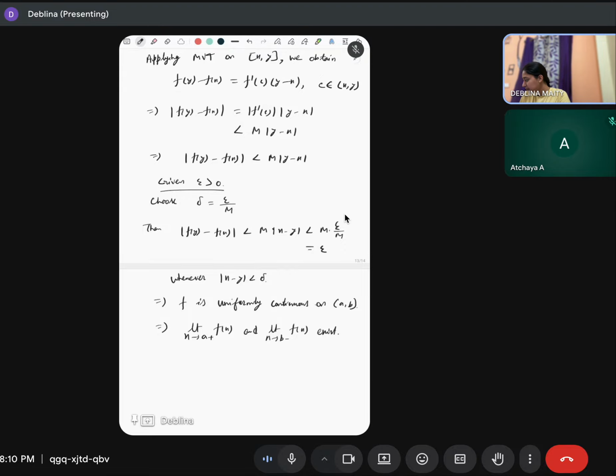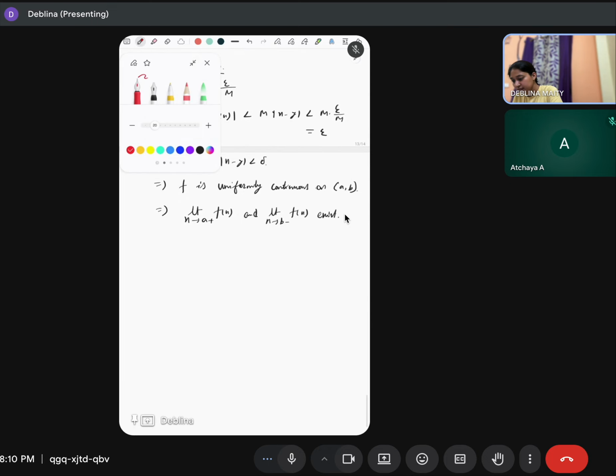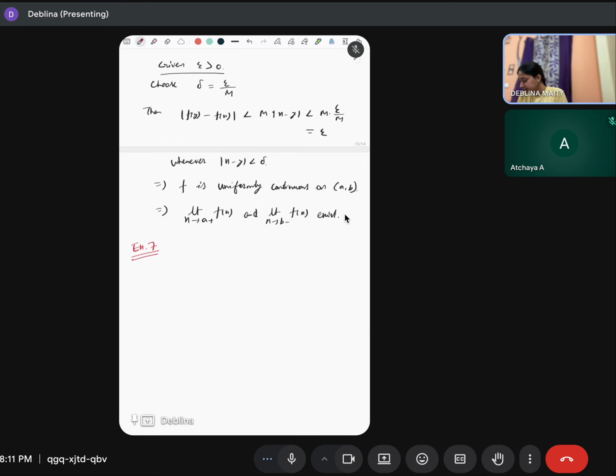So let's go to the next problem. Let f from R to R be a function satisfying mod of f x minus f y less than or equal to (x minus y) whole square for all x, y belongs to R. Then prove that f is constant.